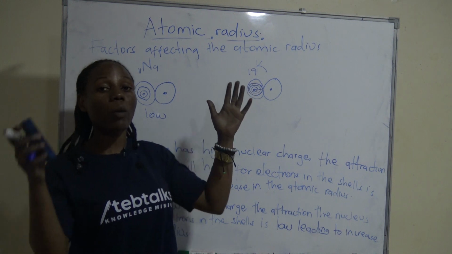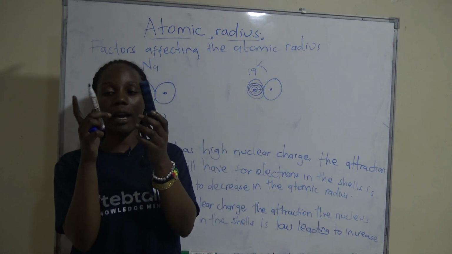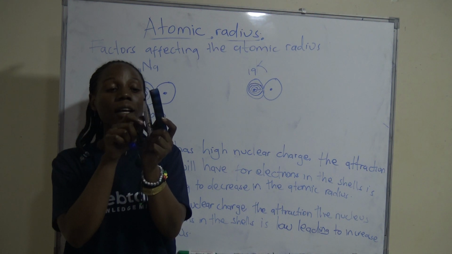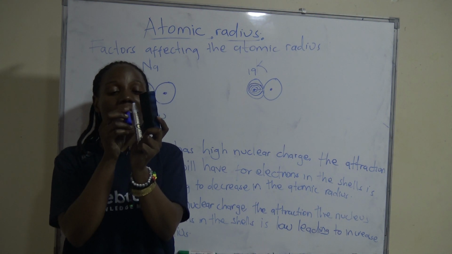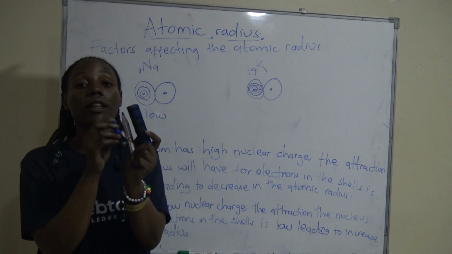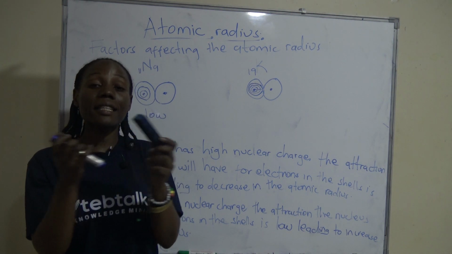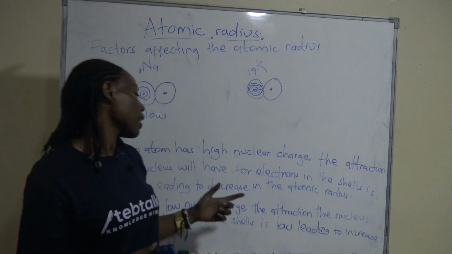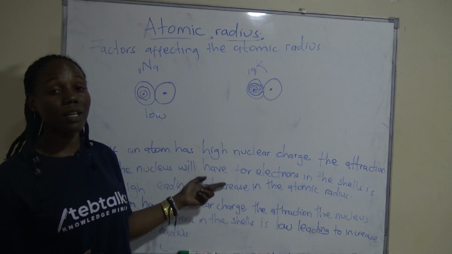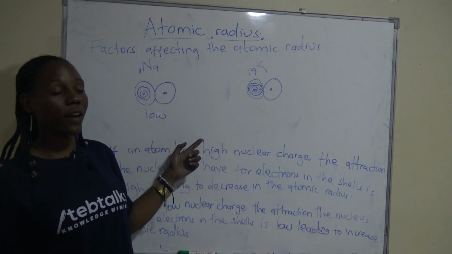And when those electrons are attracted, you can take an example of this marker. If all electrons are attracted closer to the nucleus of the marker, the distance will be reducing. That is why we have the atomic radius decrease.